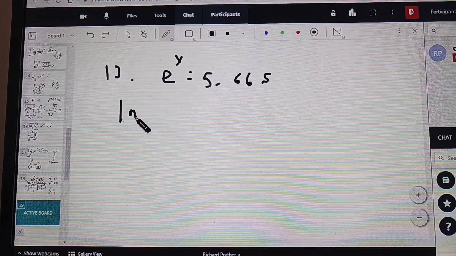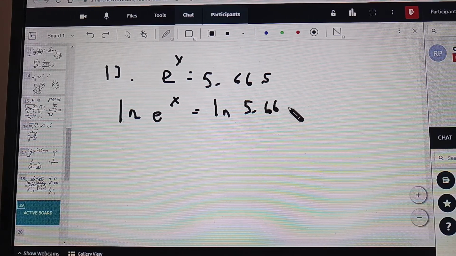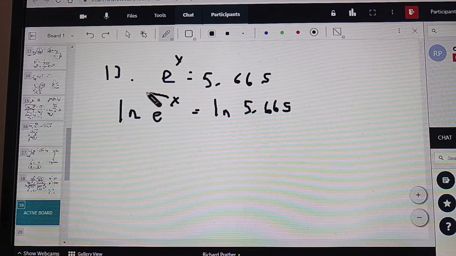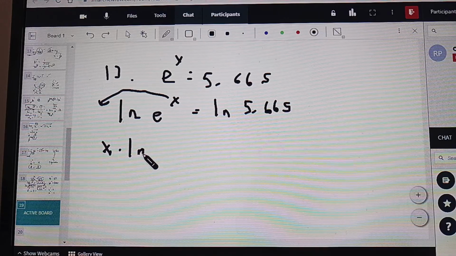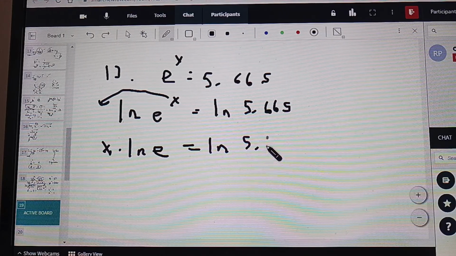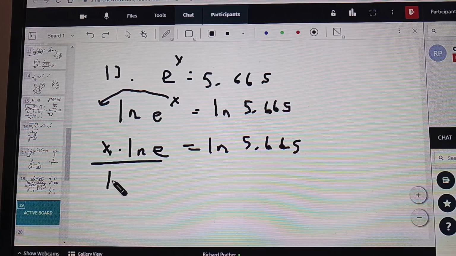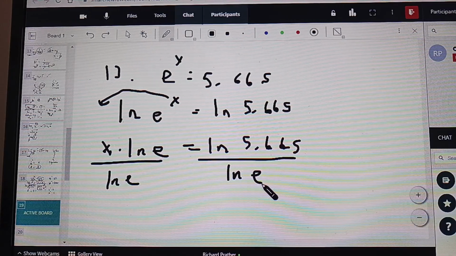Put an ln on each side. Then you get to bring your exponent down by the property of logs. And then technically you could divide both sides by ln of e if you want and type it in a calculator like I did on the last problem.